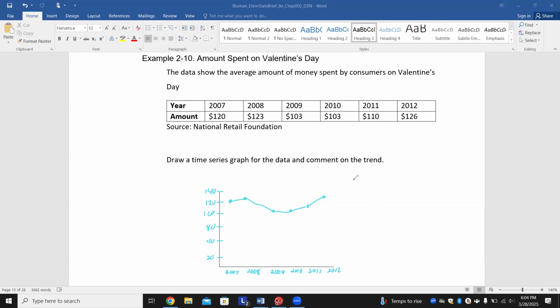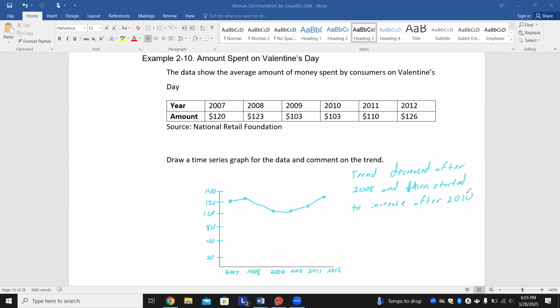But the biggest trend that you can say is that the trend decreased after 2008, and then started to increase after 2010.